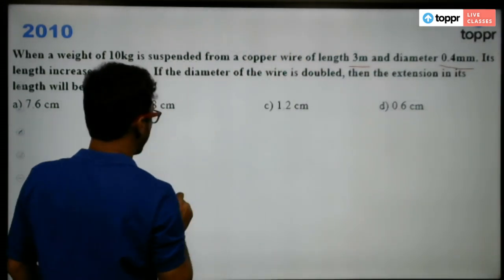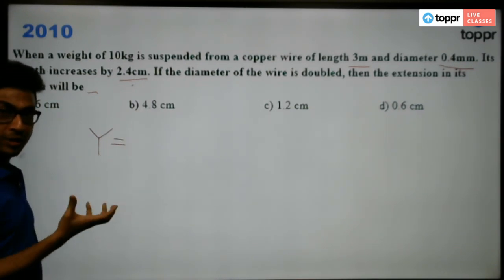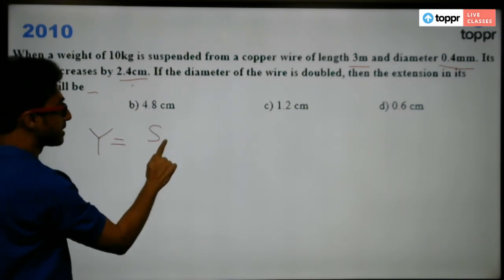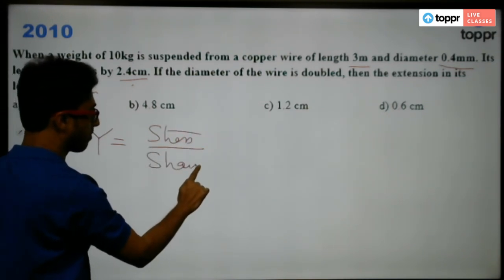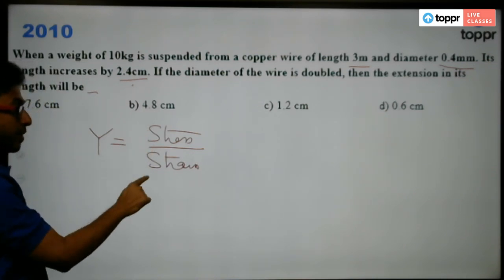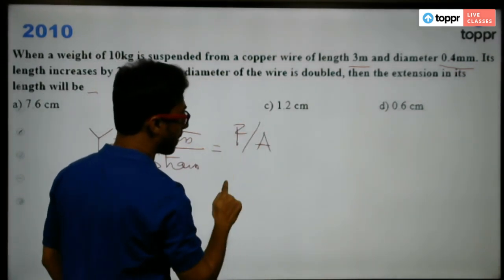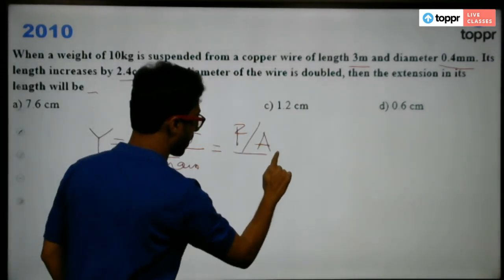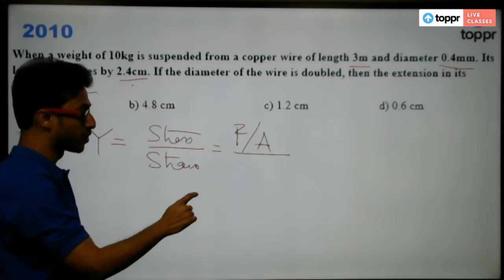First of all, Young's modulus, or the modulus of elasticity, is stress by strain, right? Stress is the force per unit area, and strain is the ratio between the extension and the original length.